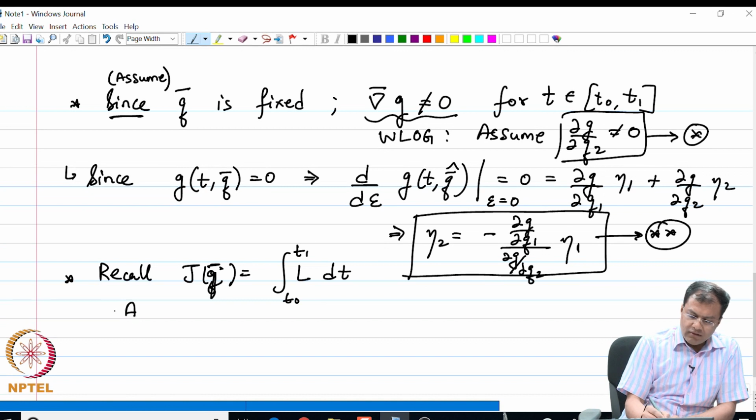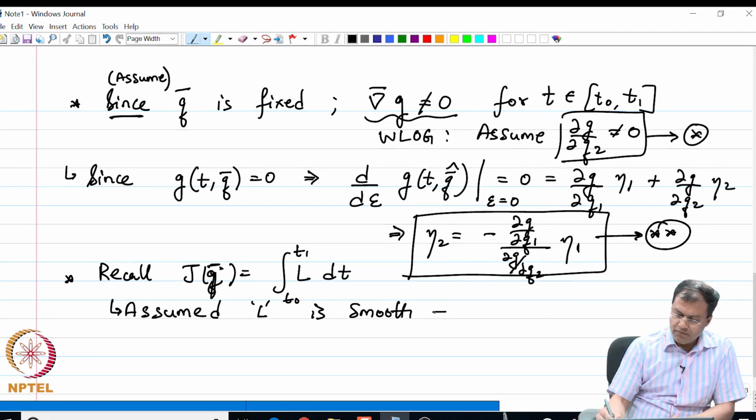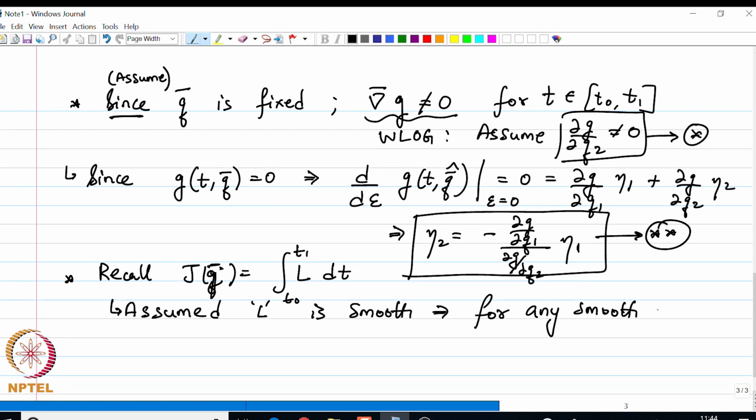Here we have assumed that L is a smooth function, which implies that for any smooth extremal q bar, this quantity E2 of L, which is the left hand side of the Euler Lagrange equation, the quantity d/dt of partial L partial q2 dot minus partial L partial q2, is also continuous.